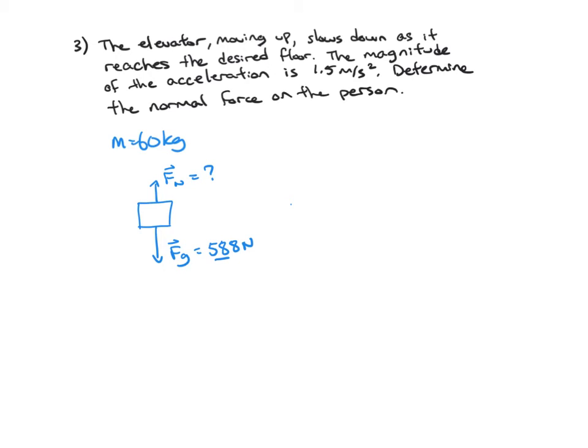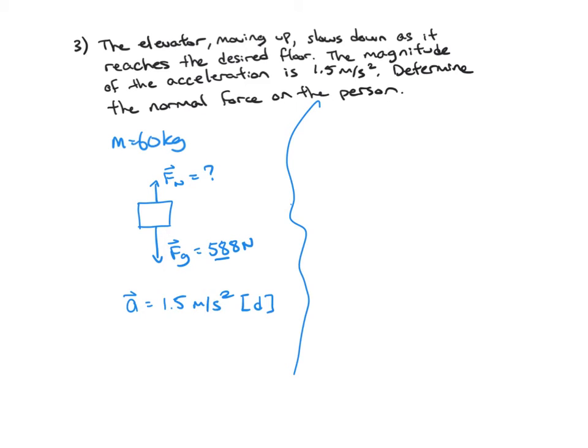The acceleration is 1.5 meters per second squared down. That's given in the question. So all of that there is my setup, my list of given information. Some of it I wrote out in the diagram.